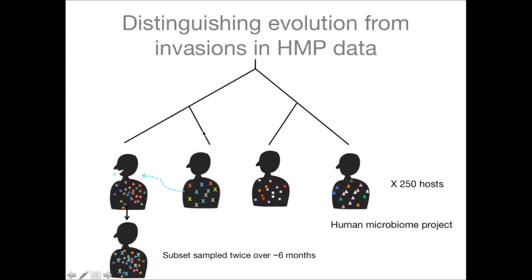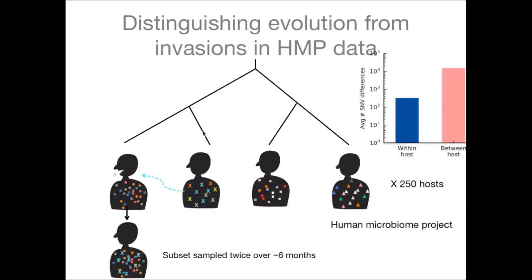time having passed. So basically, we can distinguish what's going on within hosts versus between hosts. We can distinguish evolution from invasion by comparing what's going on within hosts with what's going on between hosts. We can assume that there's long evolutionary distances separating B. vulgaris strains between hosts, and that actually does indeed result in a mean number of 10,000 SNP differences between hosts, whereas within hosts we have on the order of about 100 SNP changes that differ on a 6-month timescale.